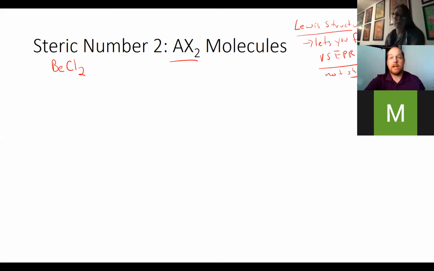When I say it's not showing the shape, you can draw all kinds of Lewis structures that don't show how the atoms are oriented with respect to each other. You can learn some things from it, and those are the things you need to determine the shape and determine how to draw the molecule using perspective drawing.